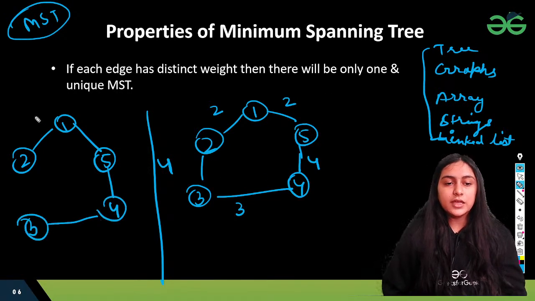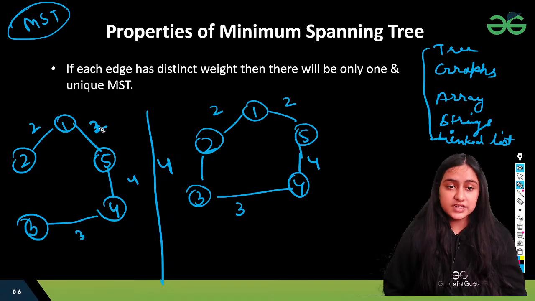Just calculate the sum of edges, like weights of edges. इसको calculate करो. 4 plus 3 is 7, 7 plus 2 is 9, and 9 plus 2 is 11.